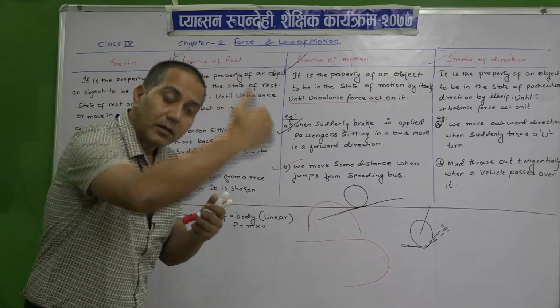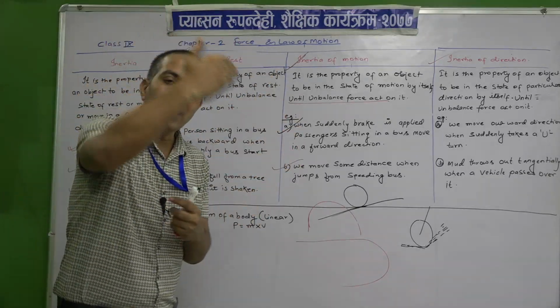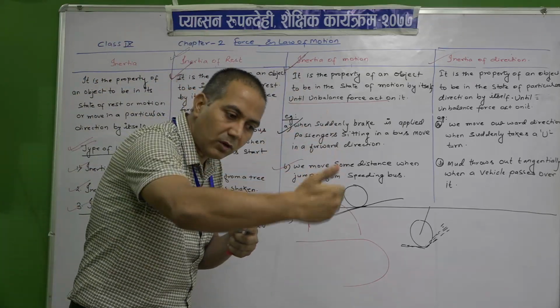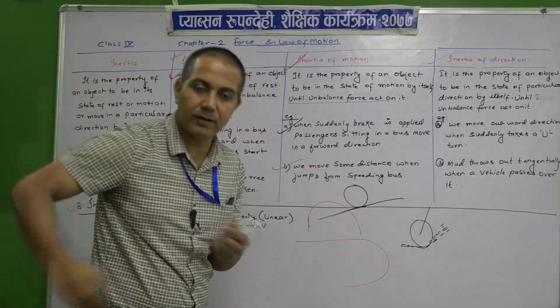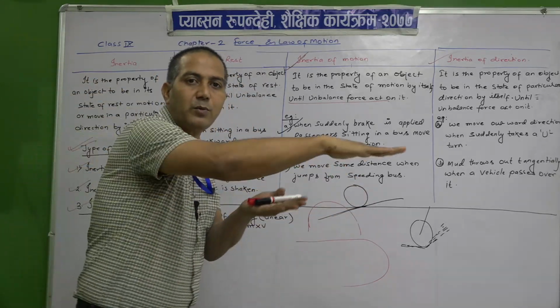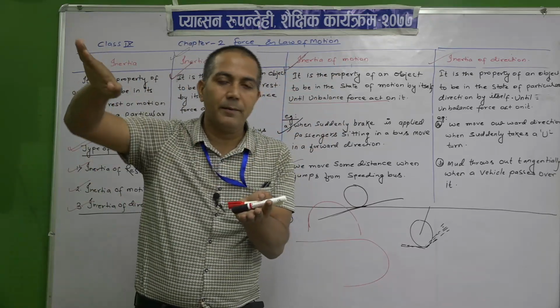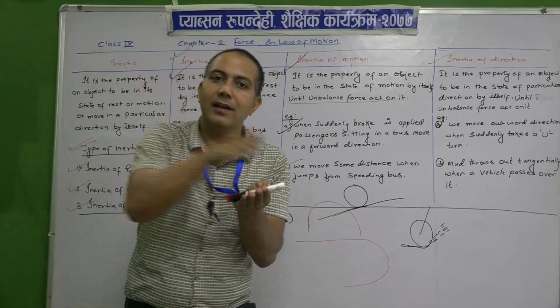The tire is rolling like this, so where does the tire move? This way, not this way. It is not moving this way, it is moving like this. So what happens to the water? The water will also move in the upward direction like this.